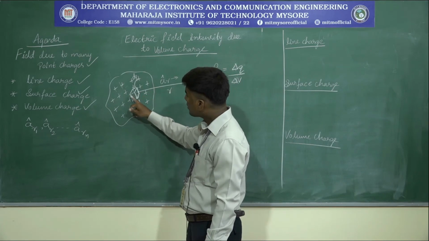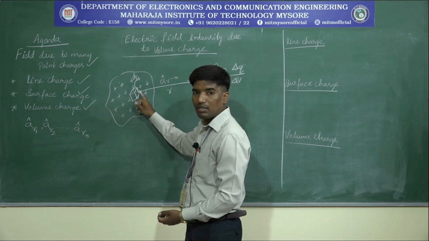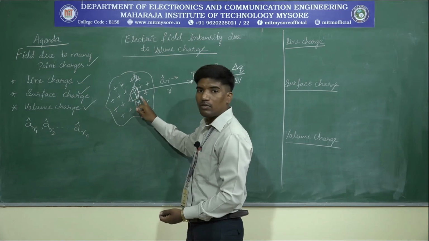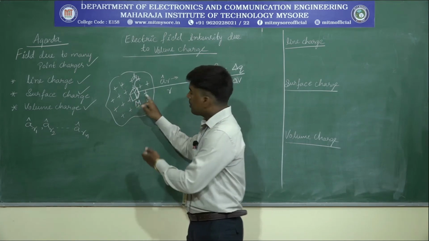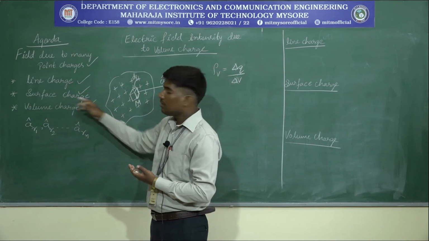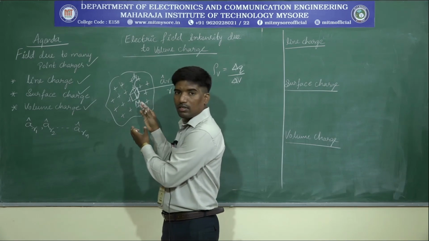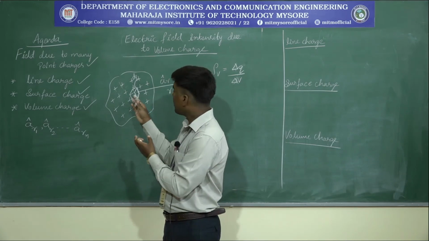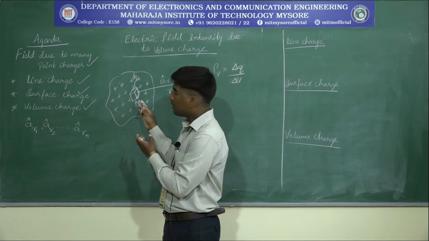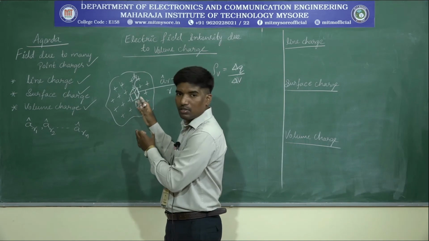We have to consider a volume of charge, which is three-dimensional. In the previous two cases, line charge and surface charge, the charge area we considered is one-dimensional or two-dimensional, but here it is three-dimensional. We need to consider volume of charges.